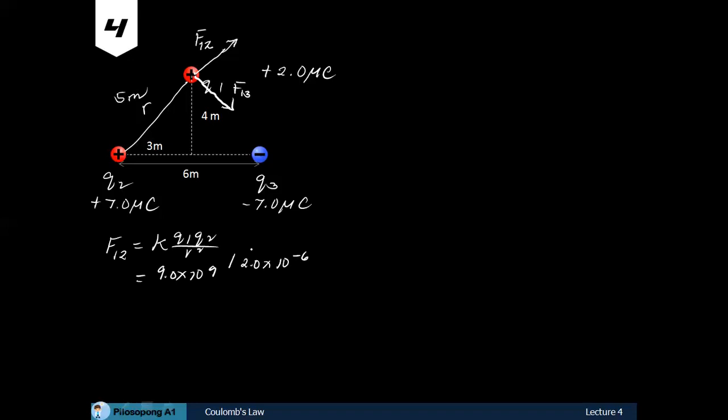Again, microcoulomb is equivalent to 10 raised to negative 6, times 7.0 times 10 raised to negative 6 coulomb, over a distance between them of 5 meters squared.